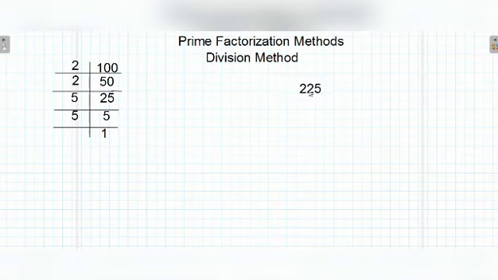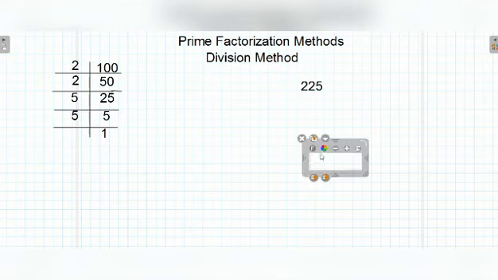And if you add the digits of this number, 2 plus 2, you get 4. 4 plus 5 equals 9. When you add the digits and the answer is a multiple of the number 3, this number is divisible by the number 3, which is prime. So I can choose 5 or 3 as I want. So I will choose 3.